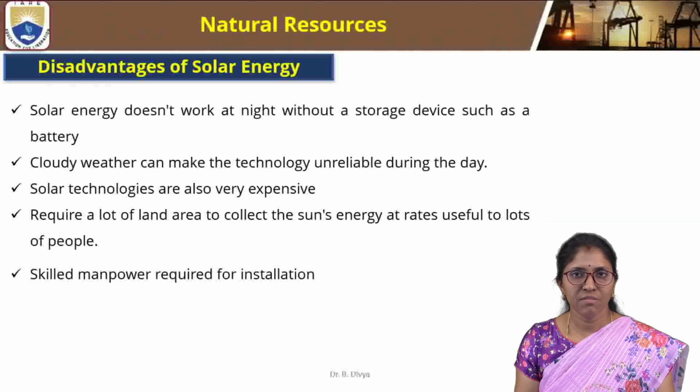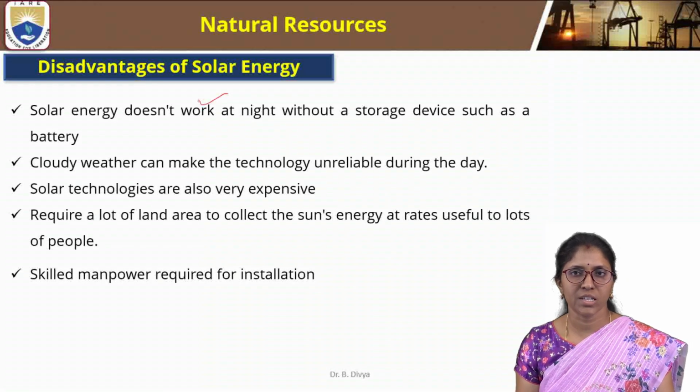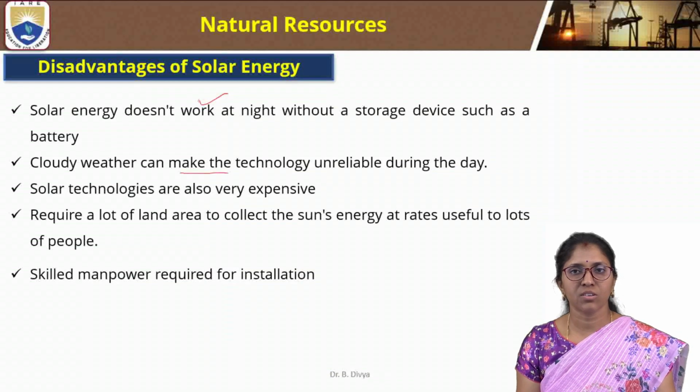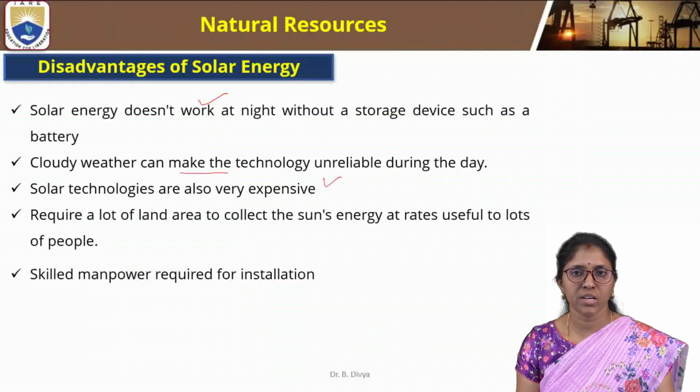And what are the disadvantages of solar energy? Solar energy does not work at night without a storage device such as a battery. Cloudy weather can make the technology unreliable during the day. Solar technologies are also very expensive; solar energy is cheap, but solar technologies are expensive.